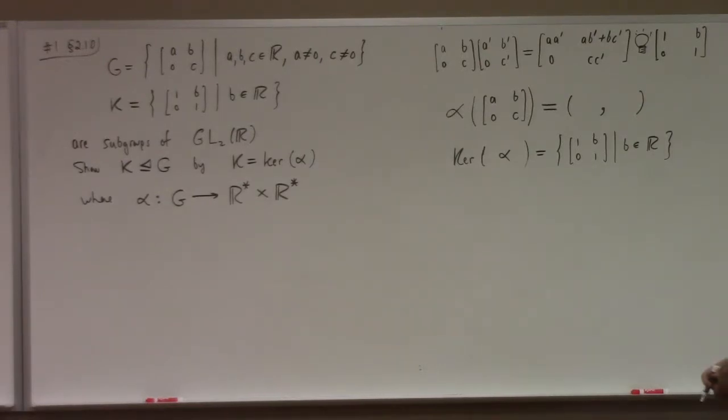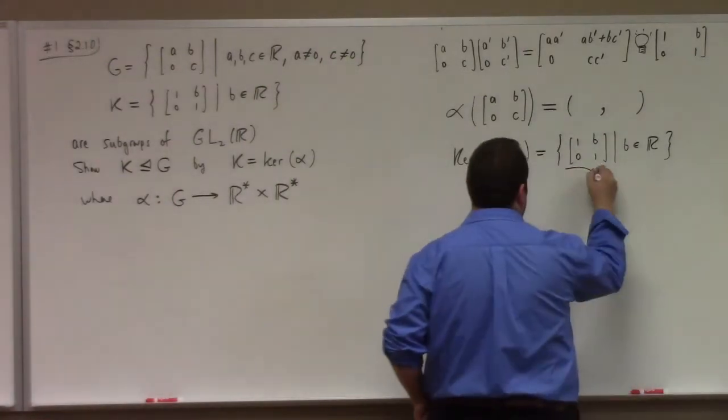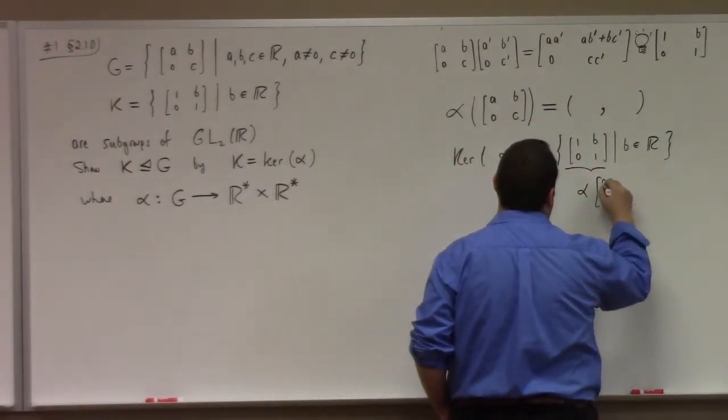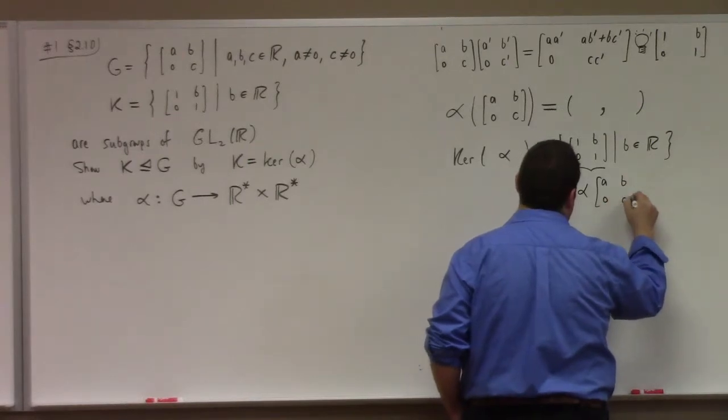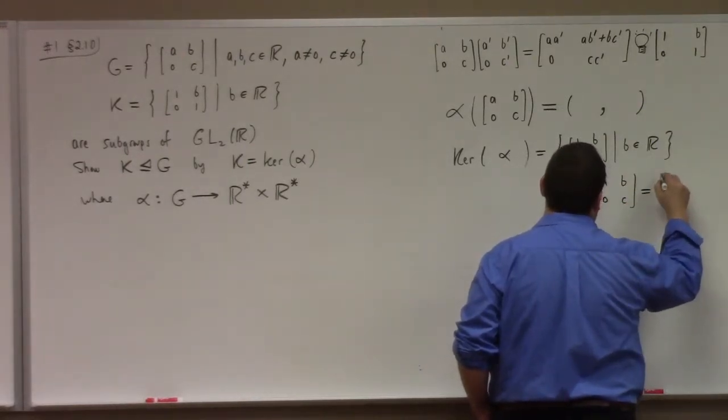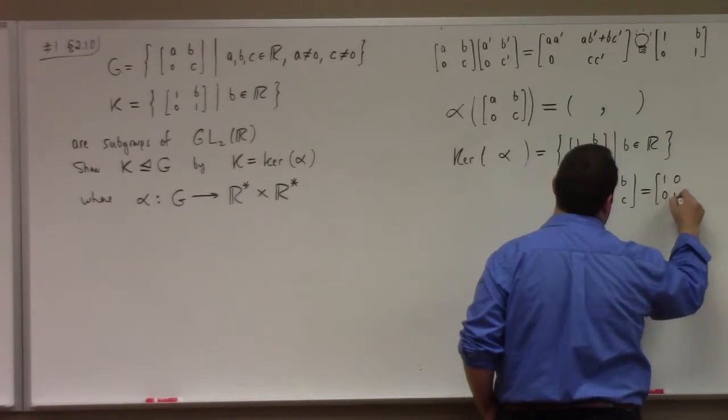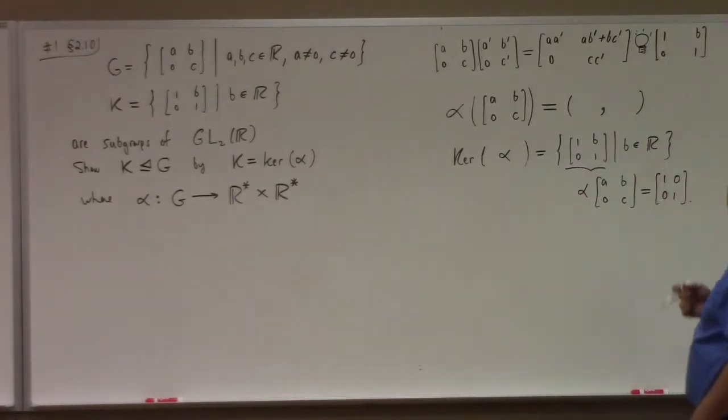But I want this to come from the condition that alpha of A, B, 0, C, whatever this formula is, maps to the Cartesian product identity, 0, 0, or 1, 1. The formula should somehow depend on the element in G, right? It's non-zero.